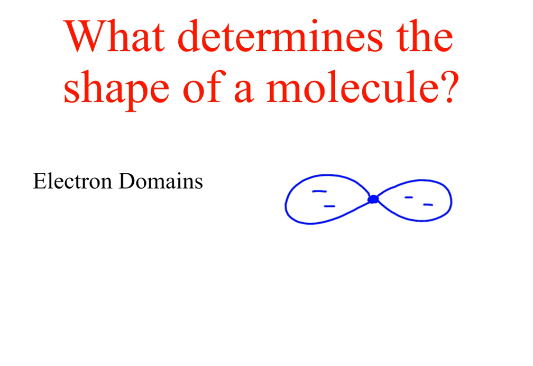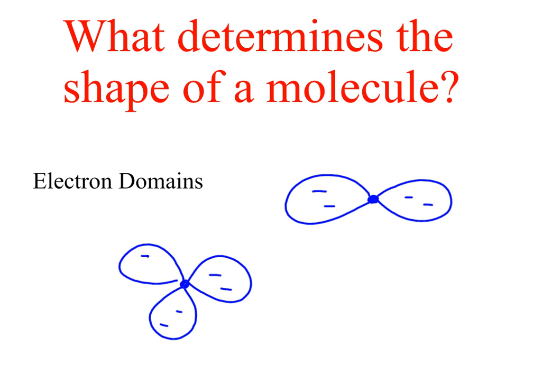If I were to go to 3 electron domains, so if I were to put the first one here, you can imagine the other 2 are going to fill in spaces away from that. And again, with the repulsion, they're going to form some kind of trigonal planar arrangement here.